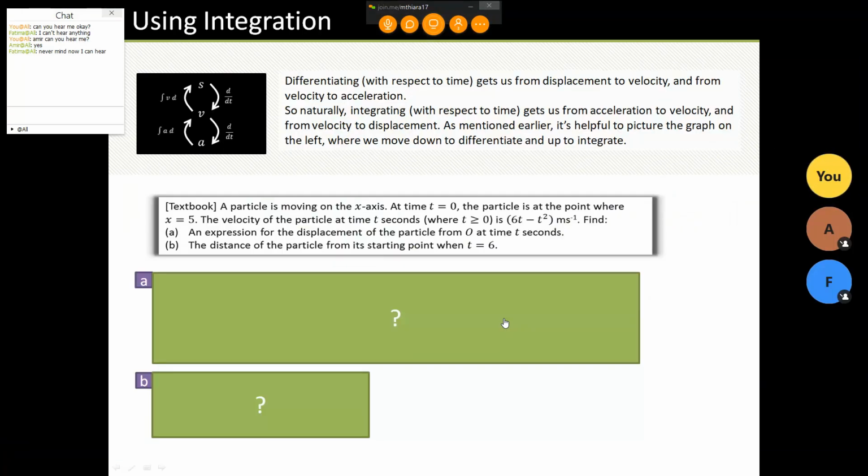So, an expression for the displacement from O at time t seconds, we've done that in part A. For part B, it says the distance of the particle from its starting point when t equals 6. So I need to substitute, essentially saying what is the displacement of the particle when t equals 6.